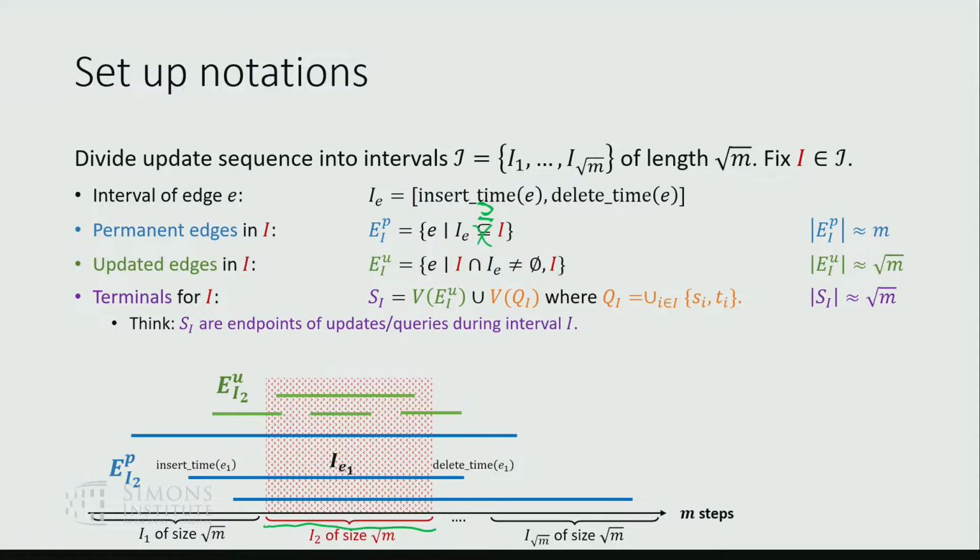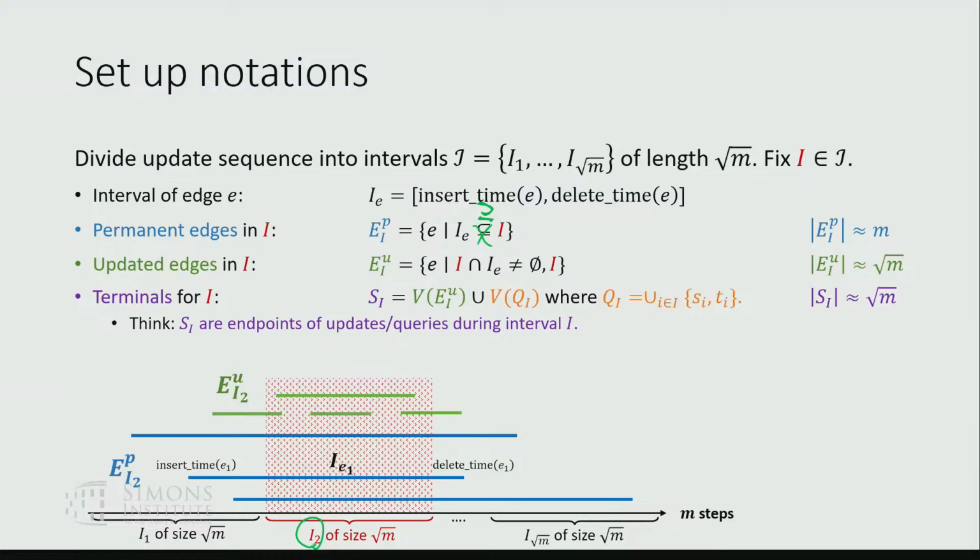Now, given this notation, I will define the terminal set for I, this red interval. Before reading this, think of the terminal set for I as the endpoints of edges that are updated, or endpoints of the queries.